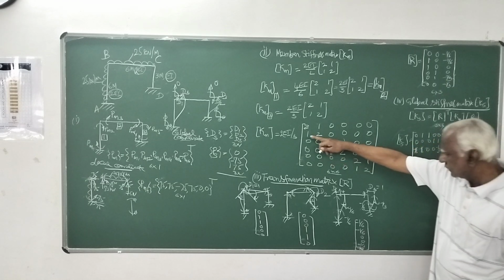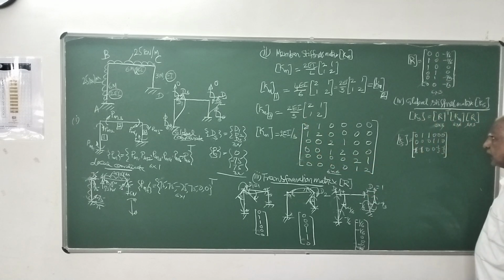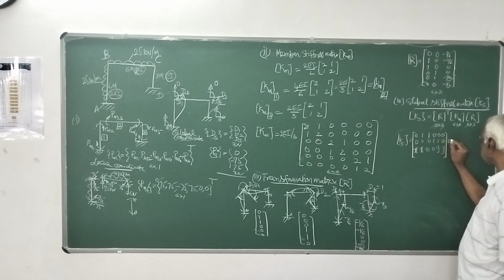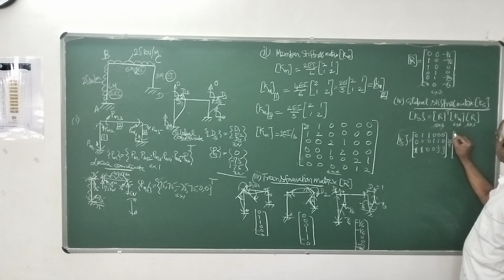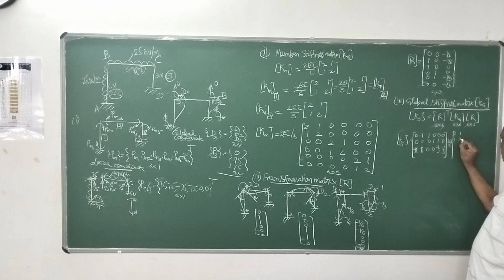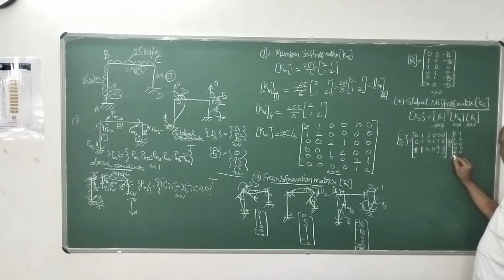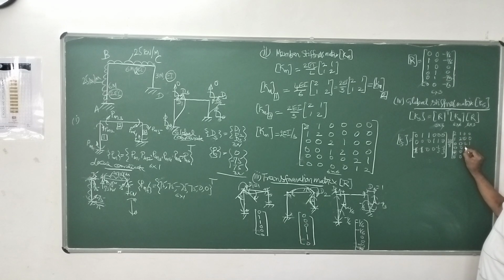Km, here 2 by 3, I will take it outside. I will get 2, 1, 1, 2, 0, 0, 0, 0, 0, 0. Then 2, 1, 1, 2, 0, 0, 0, 0, 2, 1, 1, 2. This is the Km matrix, 6 by 6.